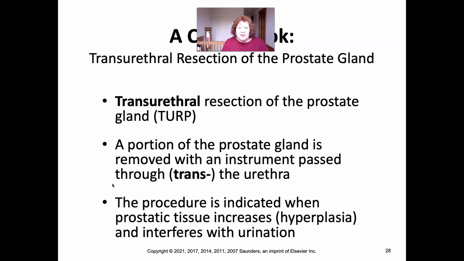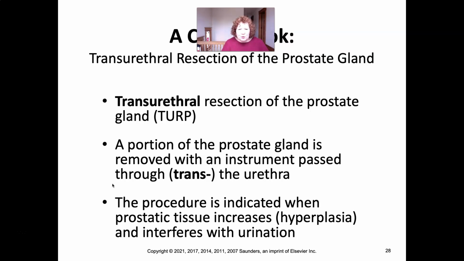And now they wanted to take a closer look at a procedure called a TURP, transurethral resection of the prostate gland. Prostate glands are only in males. What happens is the prostate gland becomes enlarged and they need to resect it.